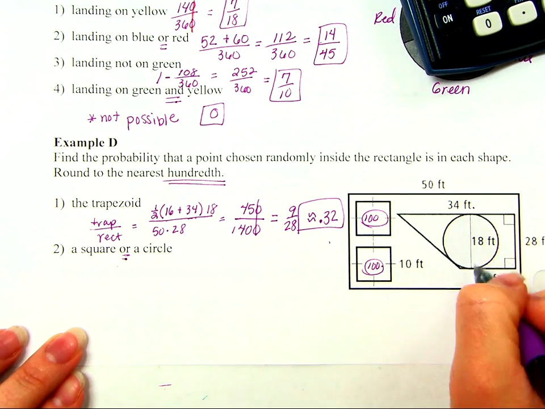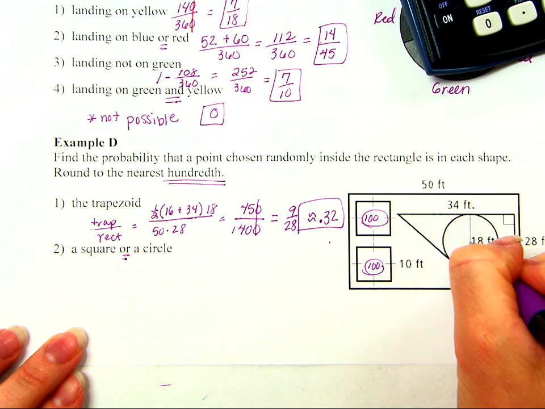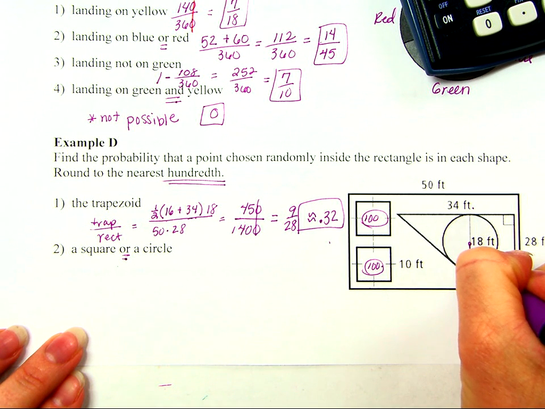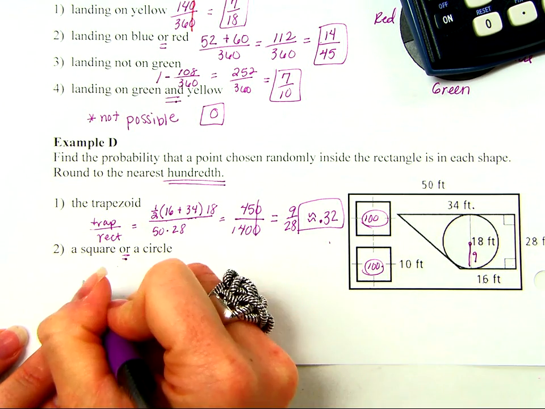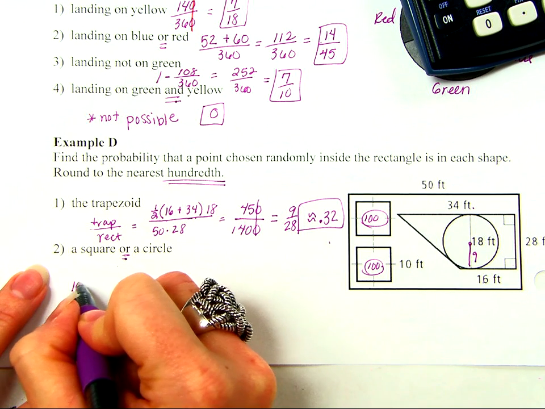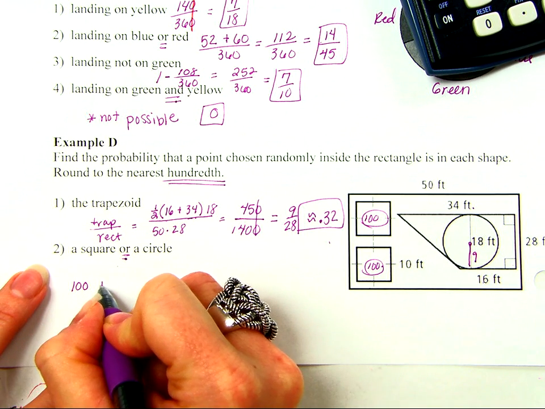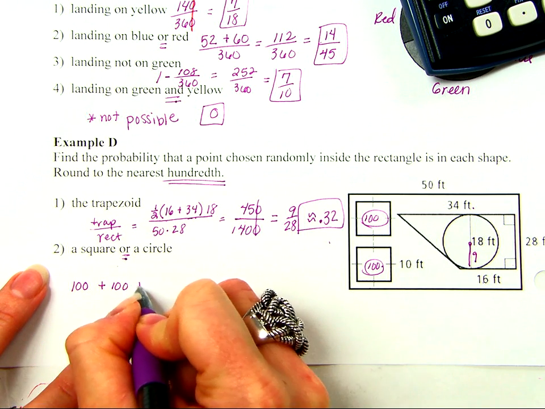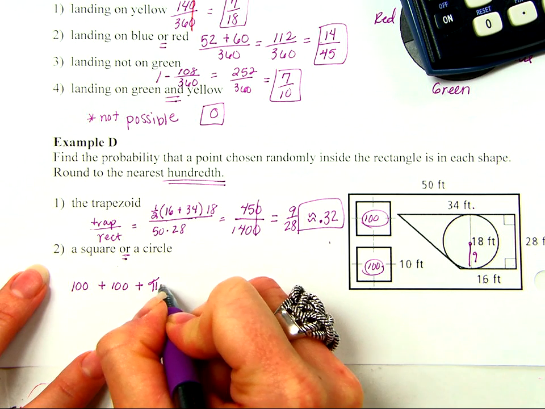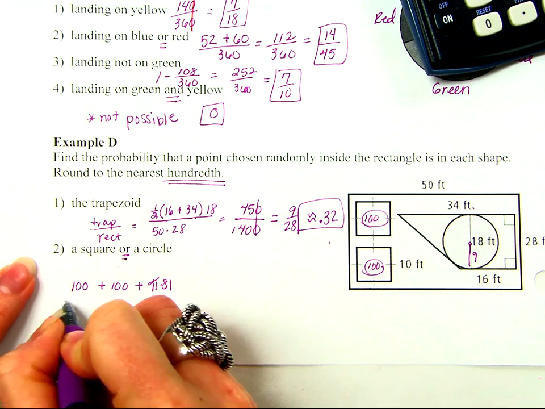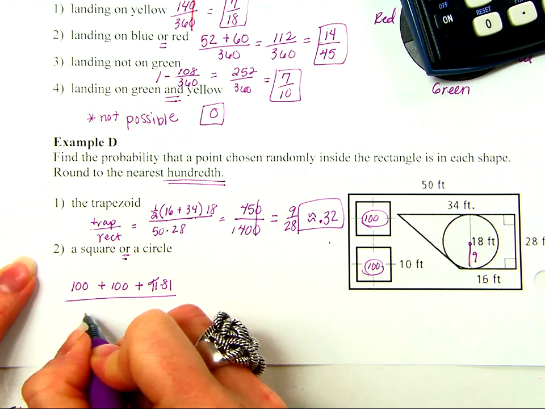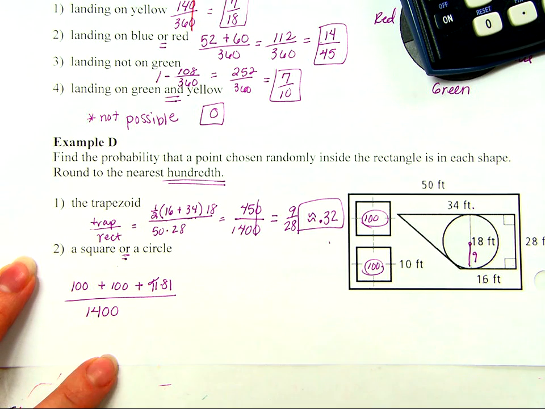My circle here, pi r squared, well, my radius is 9. So when I'm taking a look at these probabilities, I could be in square number 1 or square number 2, or my circle, pi r squared, all of that compared to my rectangle, which we said had an area of 1,400.